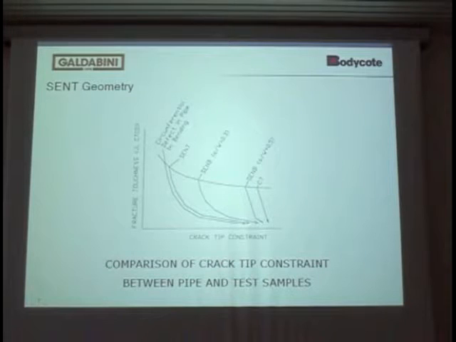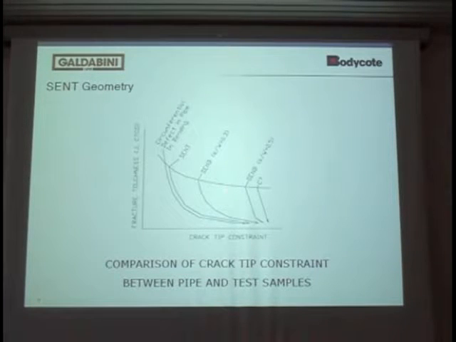But as we move into the elastic plastic regime and approach general yield, we see certain geometries, and some structures such as a pipe in bending, exhibiting a much higher toughness than we would actually expect from a compact tension or an SENB sample.